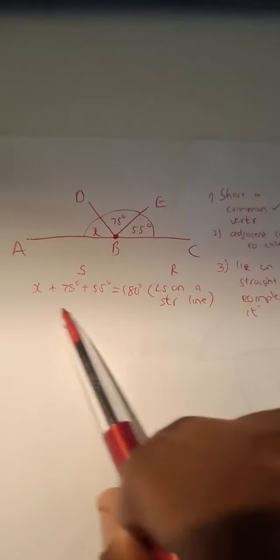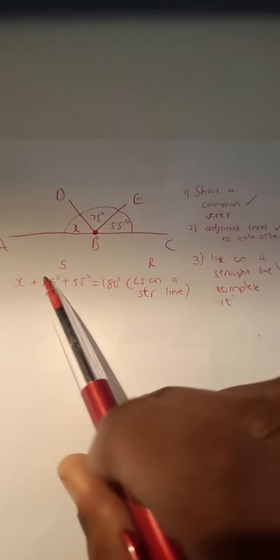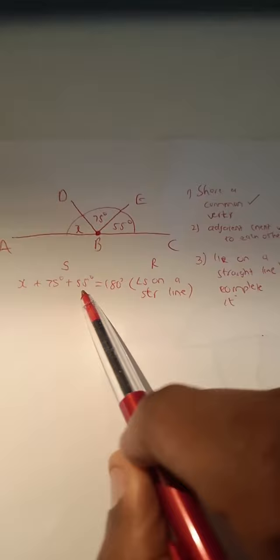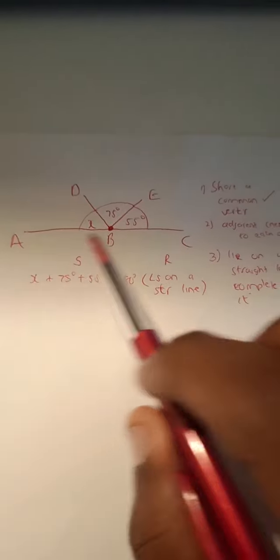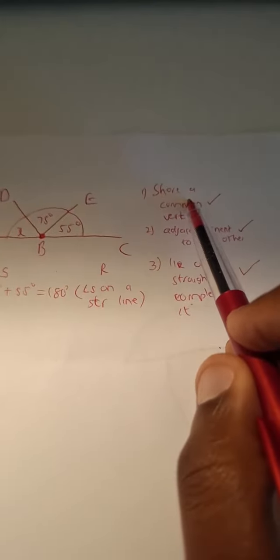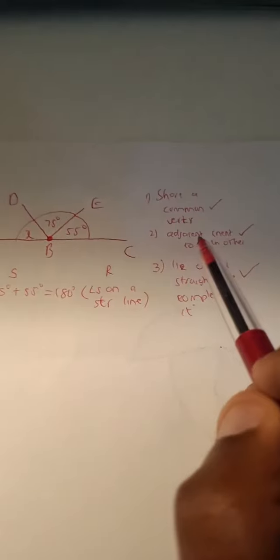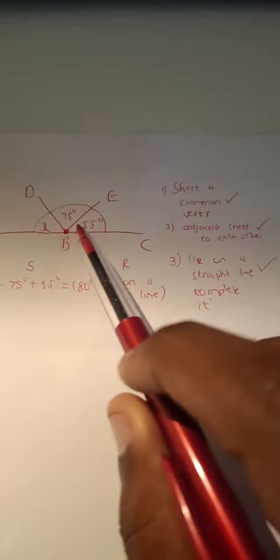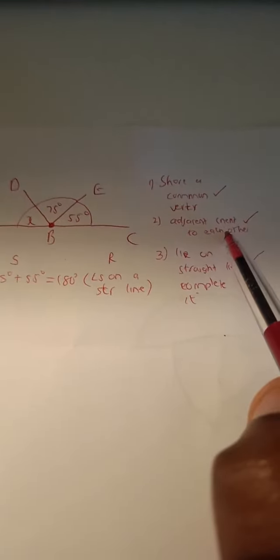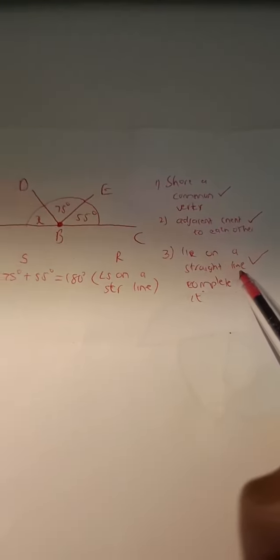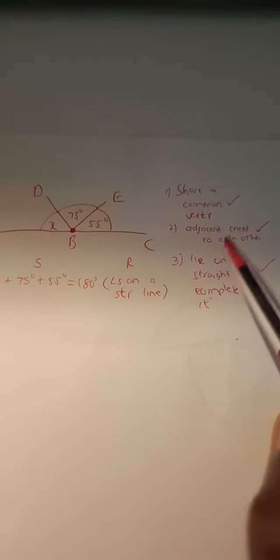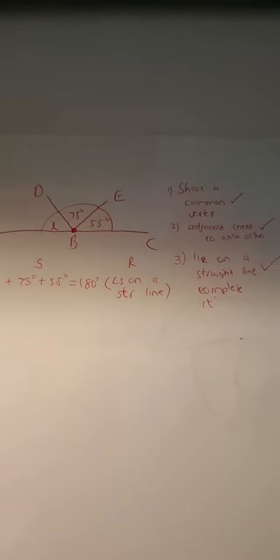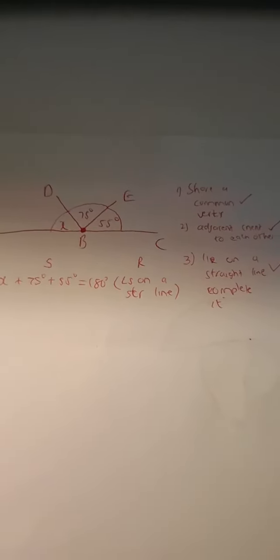We write a statement followed by the reason, and that ensures that whoever is marking my work can see that I know what I'm talking about. I can see that there's a shared common vertex, which is angle B. Two, there are adjacent angles 1, 2, 3. Three, they lie on a straight line and they complete it. If you have these three things, guys, then you are 100% correct. You are saying things in the right way.